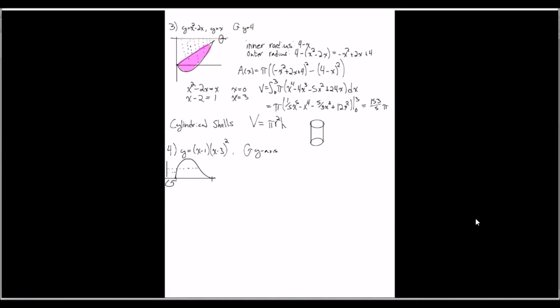So it doesn't really pass the line test in the y direction. So it's kind of hard to use circles. So we're going to be using cylinders instead. So what we're going to be doing is taking cylinders in this direction and then rotating them around.